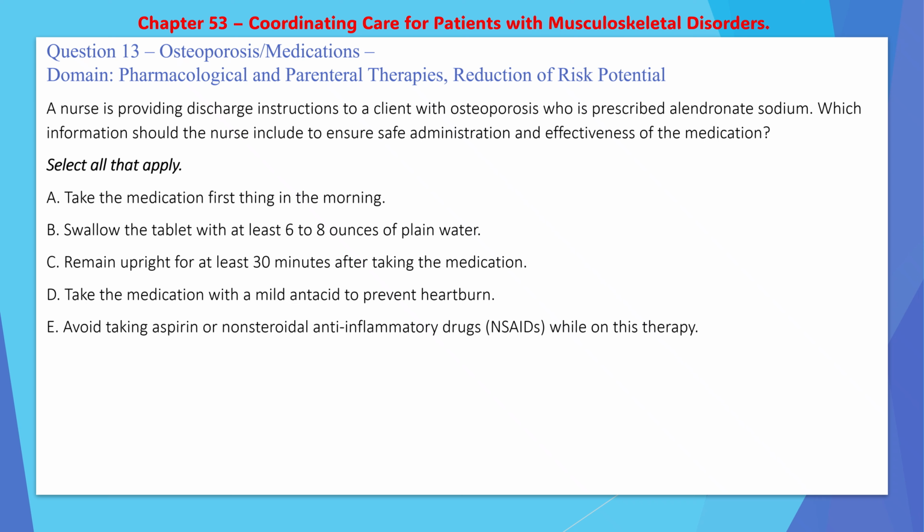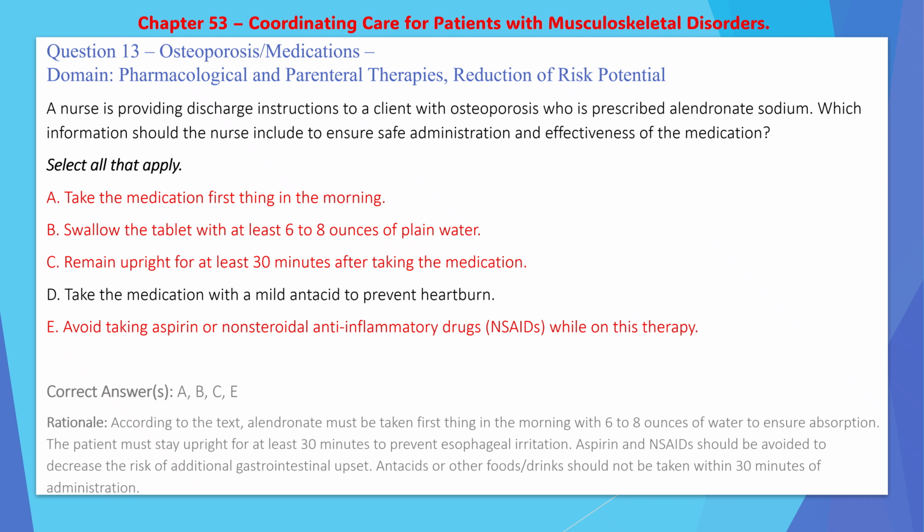I repeat again, the correct answer is A, B, C, and E. According to my chapter, alendronate must be taken first thing in the morning with 6 to 8 ounces of water to ensure absorption.